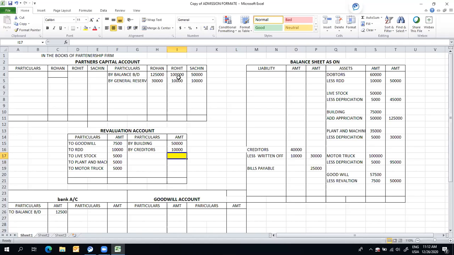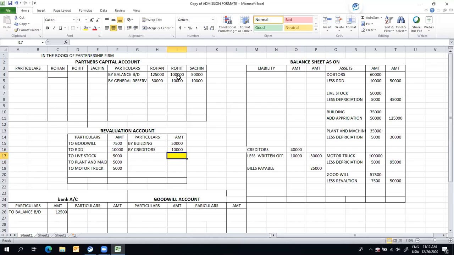Business तो करना है, business is going, no? After retirement of Sachin, they will not stop their business. They will continue their business. So for continuation of business, they require fund. उनको पैसा चाहिए, and for that they will bring additional capital in their business.